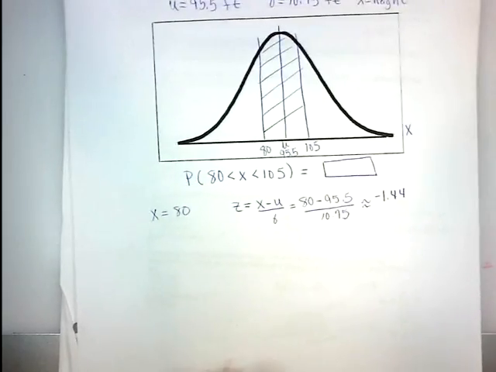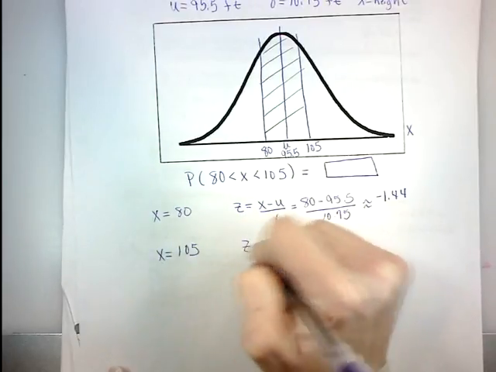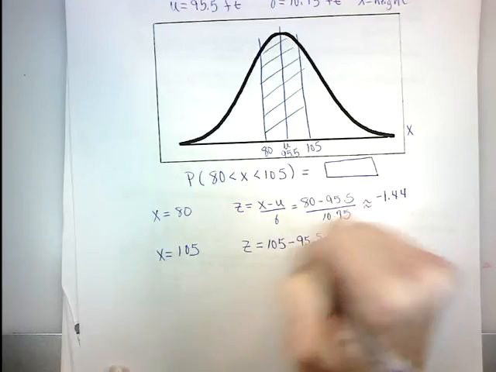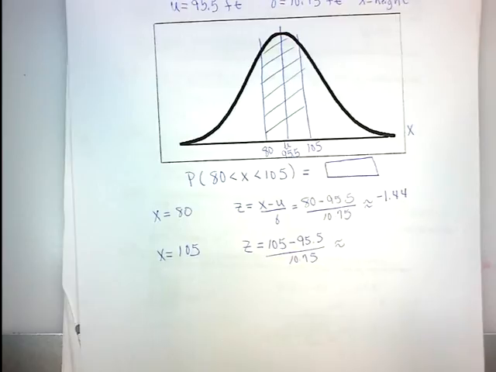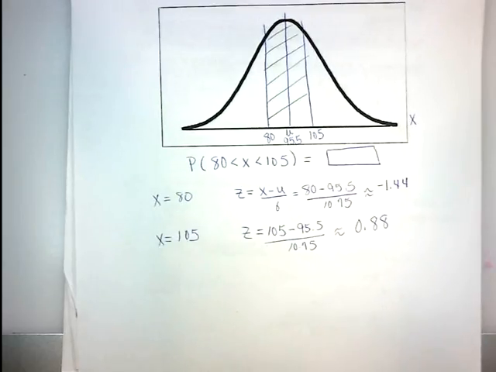And then x is equal to 105. Z is 105 minus 95.5 divided by 10.75, and that is 0.88. So those are our 2 z-scores.